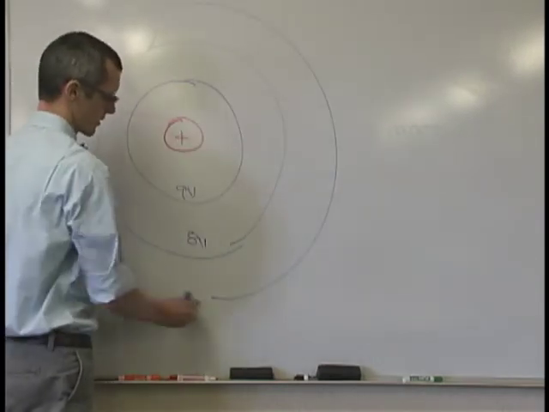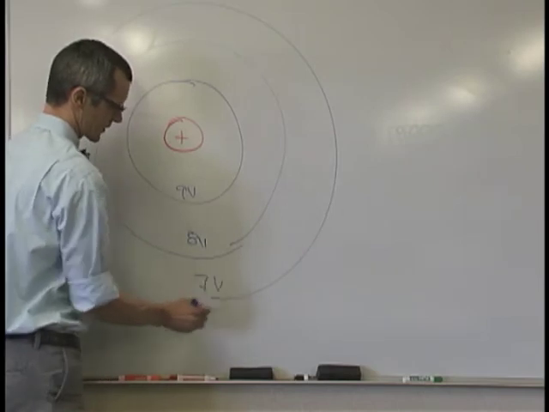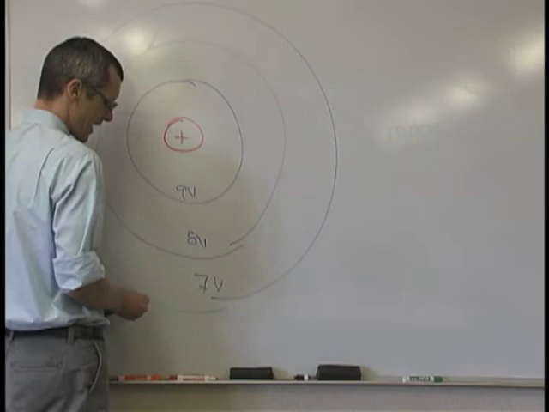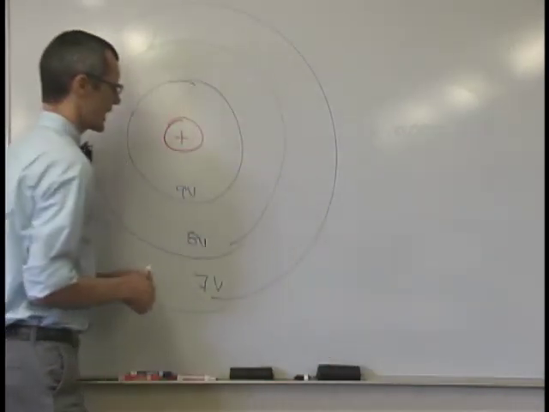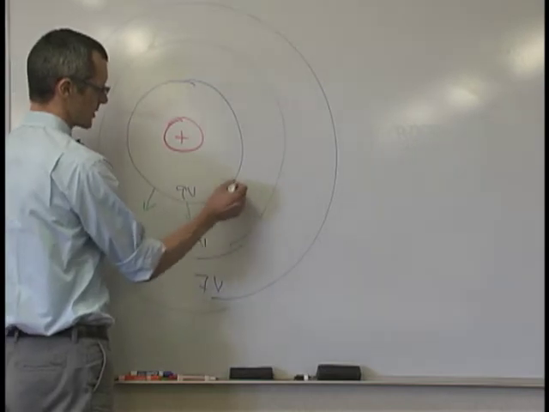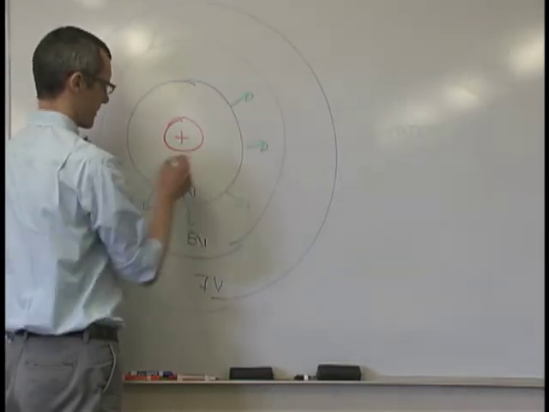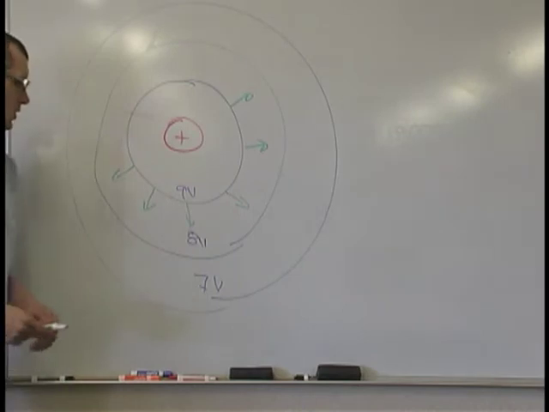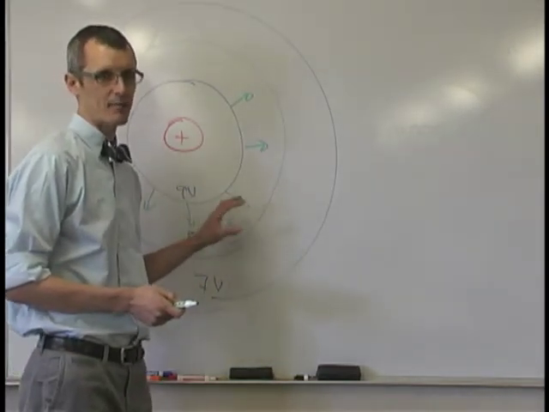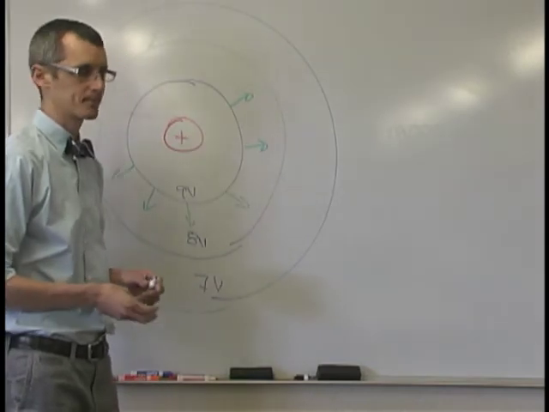Further away, this might be all 7 volts. Now, the field lines are always exactly at right angles to the equipotential lines, wherever they may be. So you should know how to draw the field lines, know how to draw the equipotential lines, and know how to calculate the values for both near a point charge.